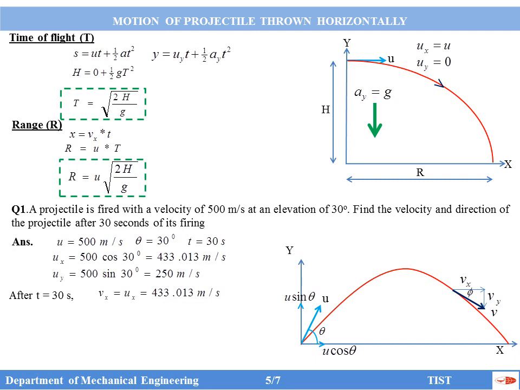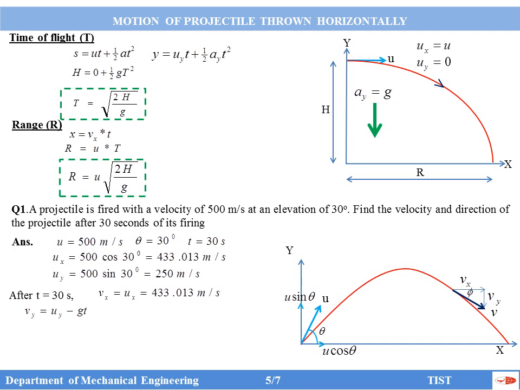For finding out vy, we are taking the motion of the projectile in y direction. Okay, so in y direction you can use any of the equations. So I am using here v equal to u plus at. So vy equal to uy minus gt. I am using that equation because initially the projectile is moving in the upward direction.